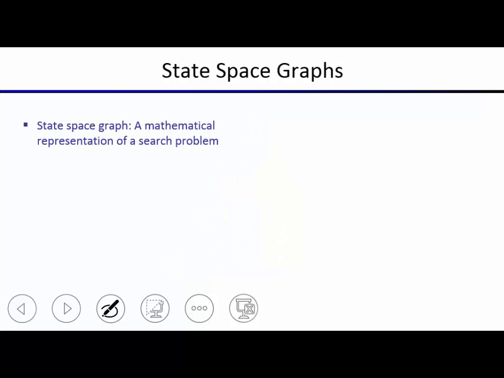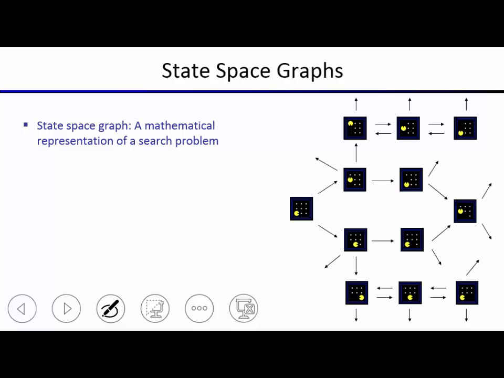So a state space graph is a mathematical representation of your search problem. So let's say you're doing some Pac-Man food eating problem. It'd be all possible configurations of Pac-Man and food pellets. This graph is bigger than what's shown on the slide. It runs beyond that. It shows how you can transition between states and which states exist.